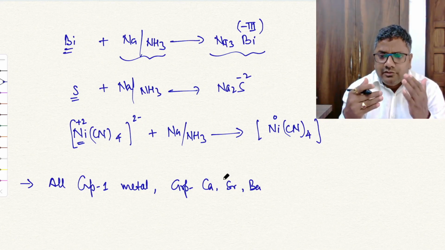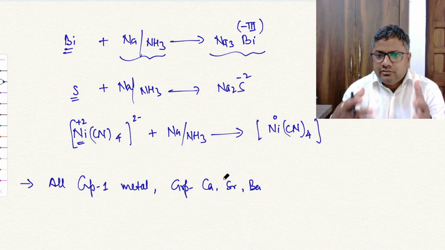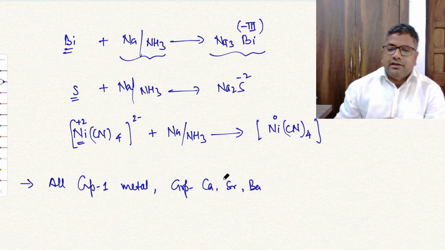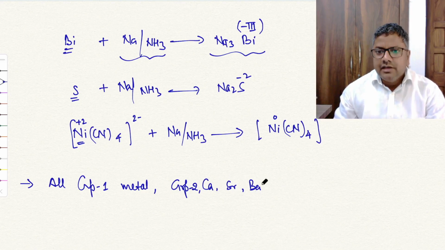As you know, down the group ionization energy decreases. So in group 2, as you move from beryllium to calcium, ionization energy decreases. So you will get this type of property also with group 2 metals, but to a lesser extent compared to group 1.